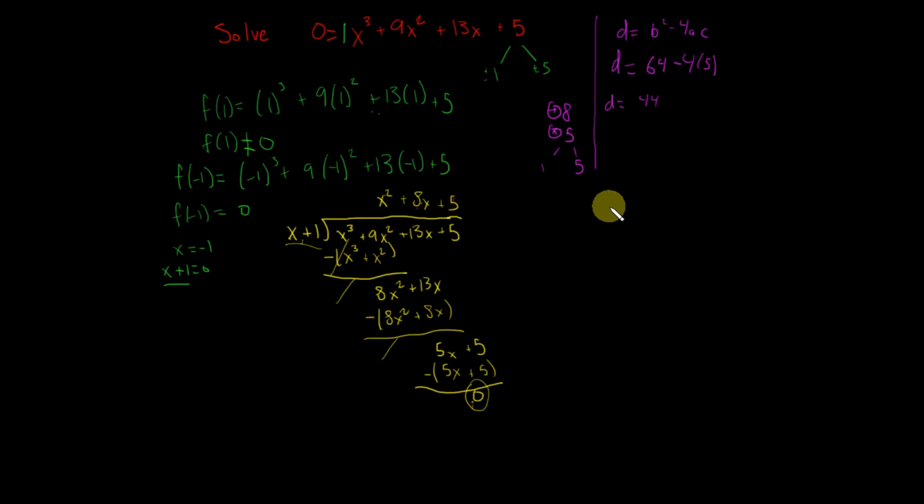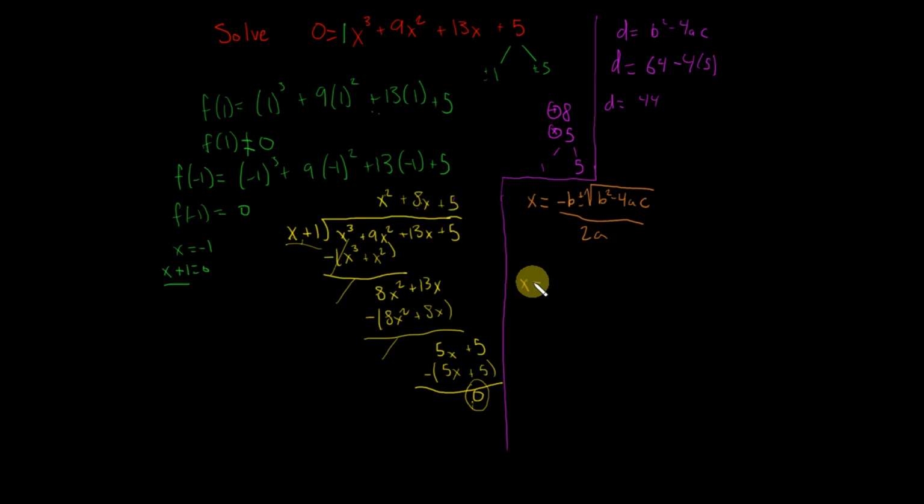So it looks like the only thing that we're going to be able to do is use the quadratic equation. So don't get frightened, it's really not that hard. If you remember, x equals negative b plus or minus the square root of b squared minus 4ac, all of it over 2a.